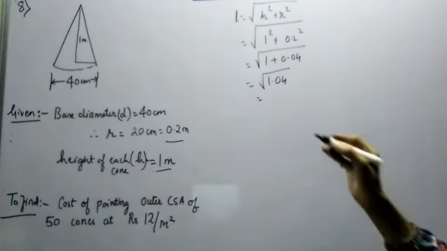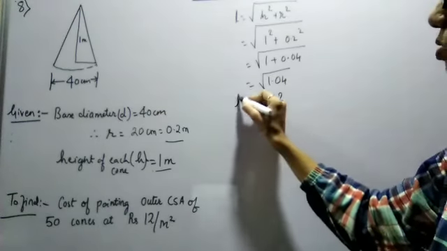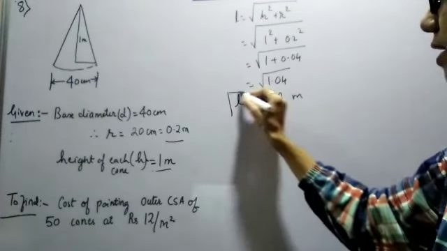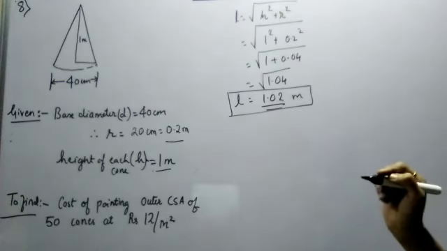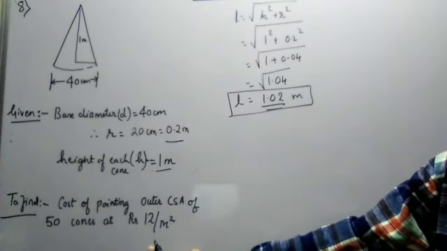Its approximate value is already given to us, 1.02. So we are going to take the slant height as 1.02 meters.